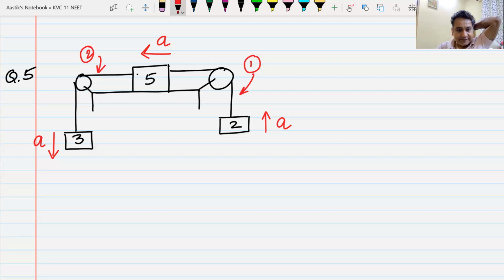Yes, anyone would like to try? No one? Then I will have to do it. I have no other choice. Sir, answer is 4. 4 is not correct, but how did you get 4? 6. Not 4, then 6.